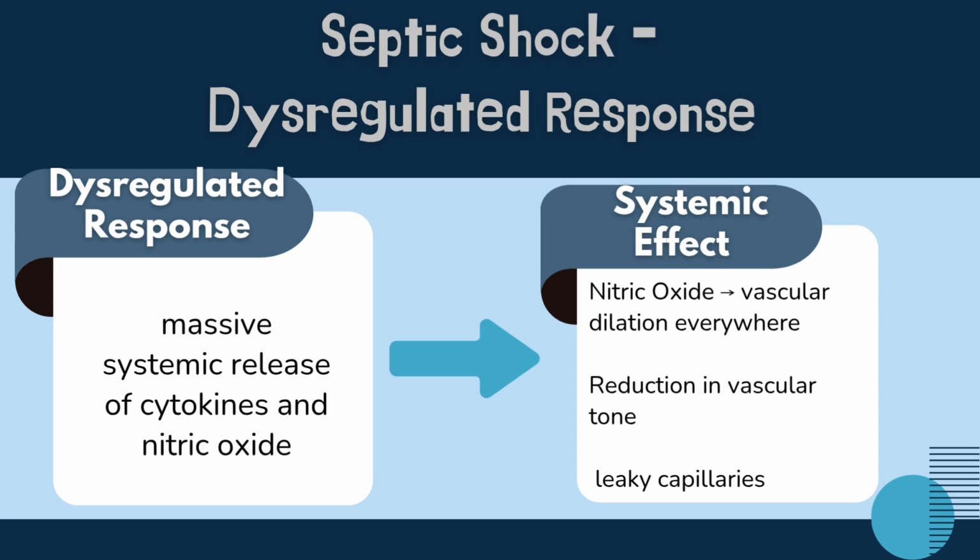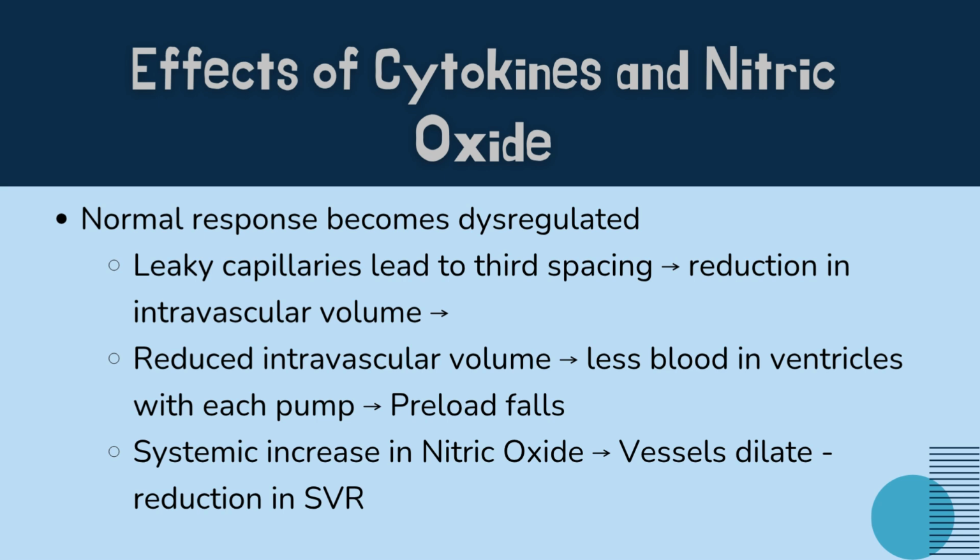When this happens, preload falls, systemic vascular resistance plummets, and the body essentially starts harming itself, and what's supposed to be the immune system's normal protective response becomes dysregulated and destructive. And that's the real danger of sepsis, not just the infection itself, but the body's overreaction on a systemic scale.